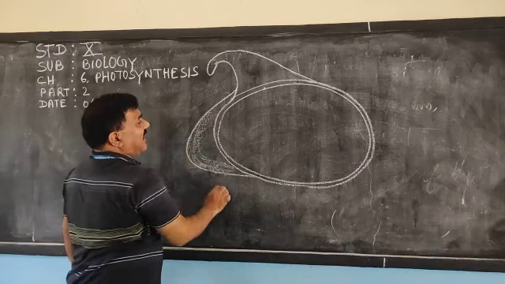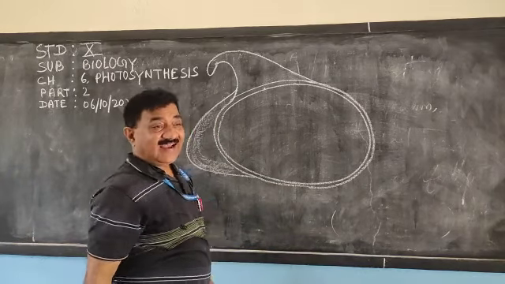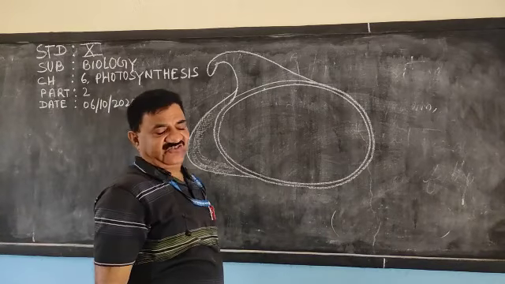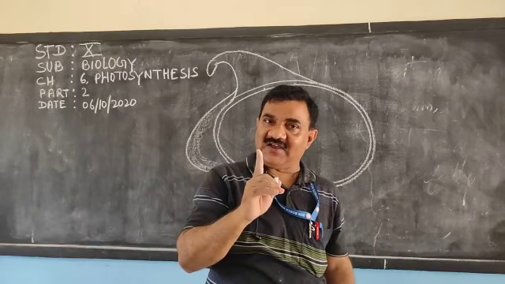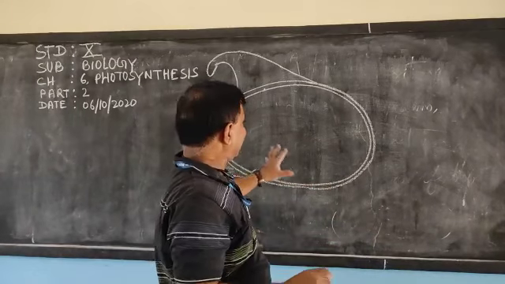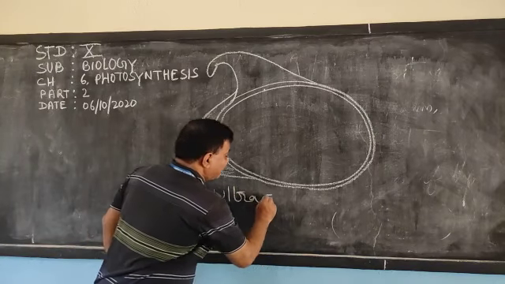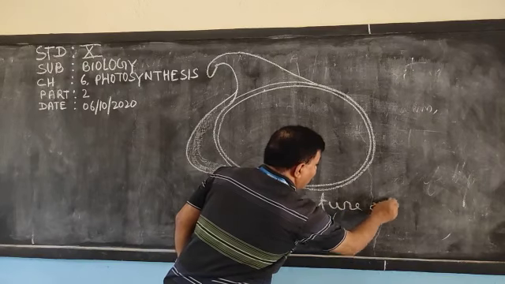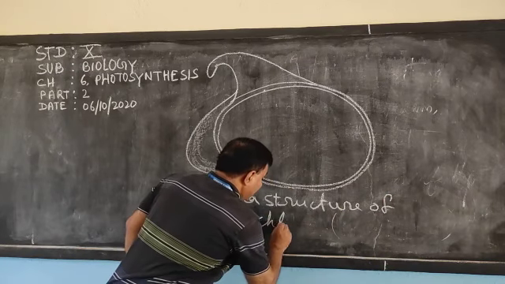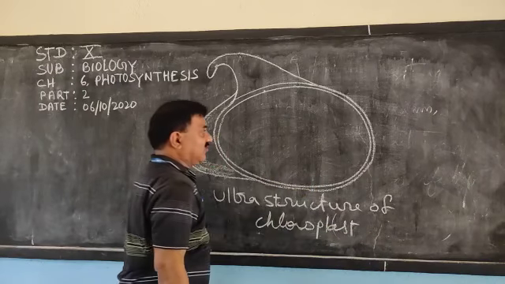Okay, and this is the diagram of a chloroplast, and it is the ultrastructure. Ultrastructure means seen under the electron microscope. This is the ultrastructure of a chloroplast.